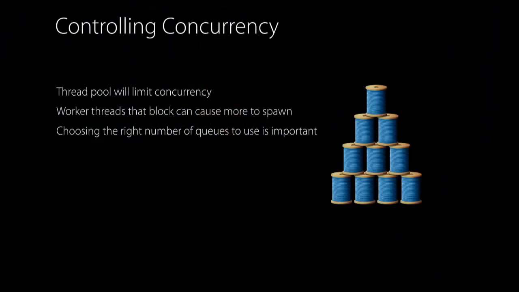Dispatch is trying to give you the concurrency you deserve by giving you a new thread to continue executing code on. This means it's very important to choose the right number of dispatch queues to use to execute code. Otherwise, you can block one thread, another thread will come up, and you will block another one, and so on. And this pattern is something we call thread explosion.